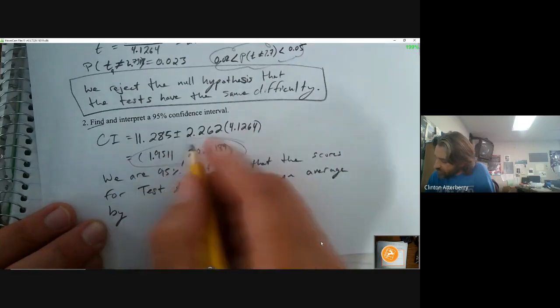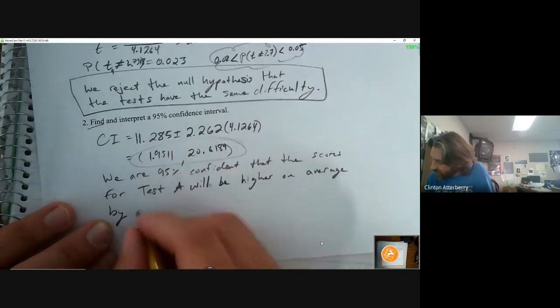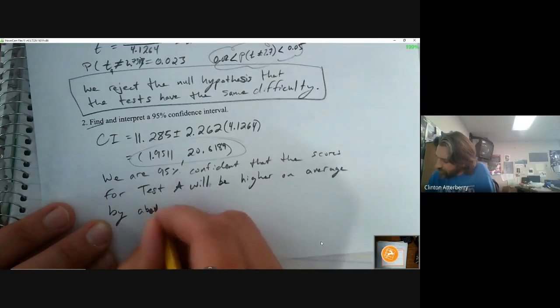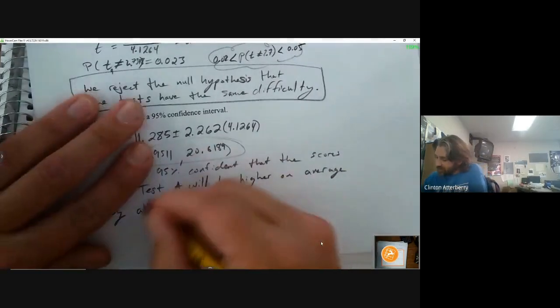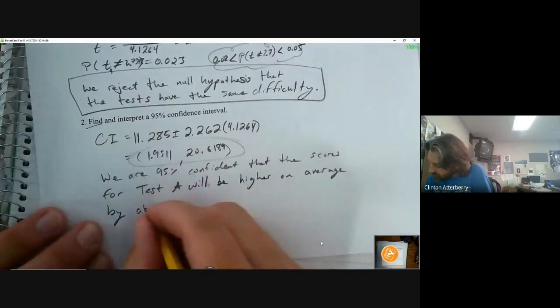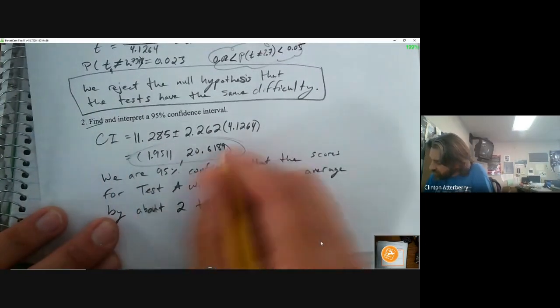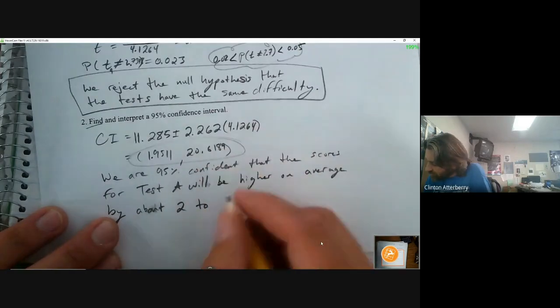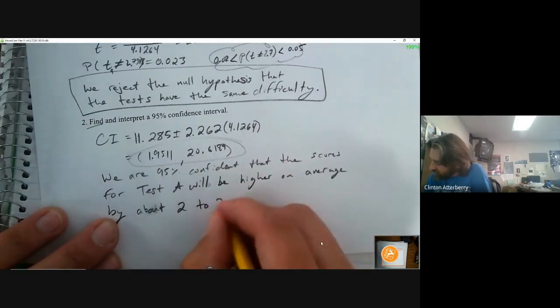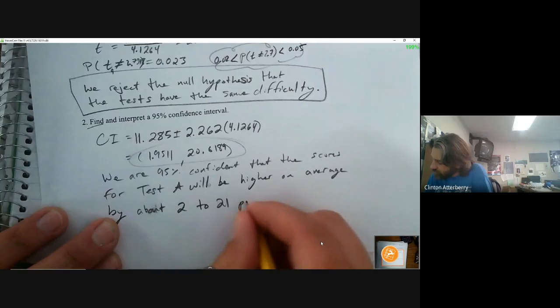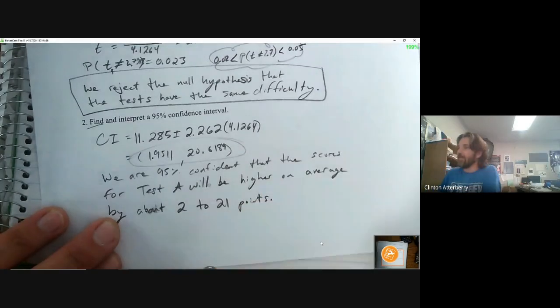by, let's just call it 1.95, or you know what, let's just round this up to the nearest whole number, make it pretty, okay? By about 2 to, we'll just round it up to 21, by about 2 to 21 points, okay?